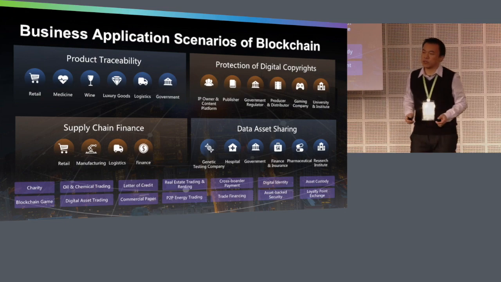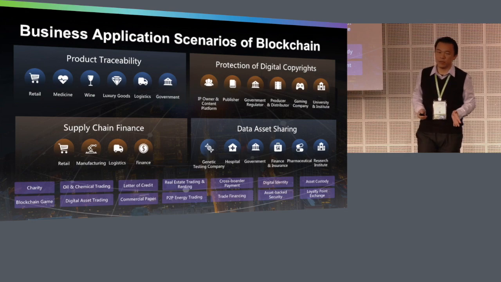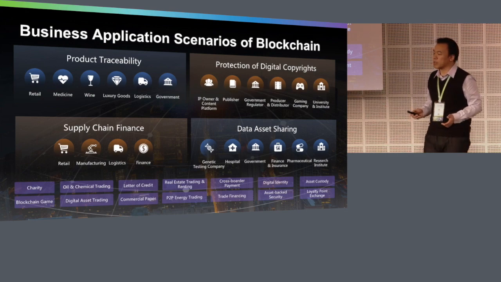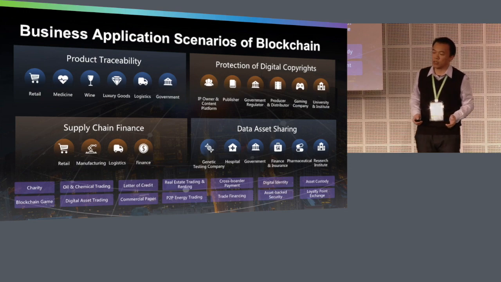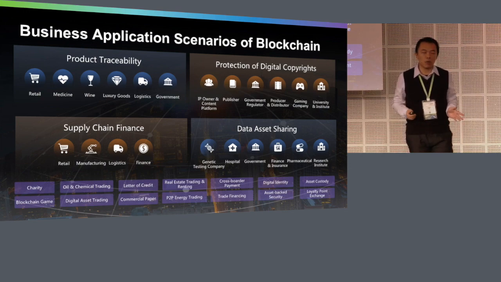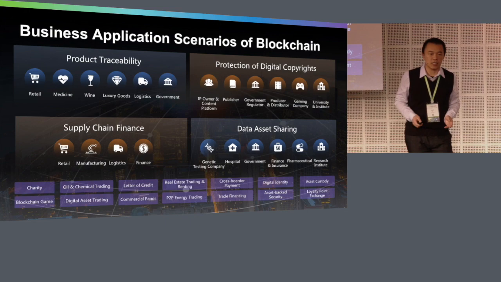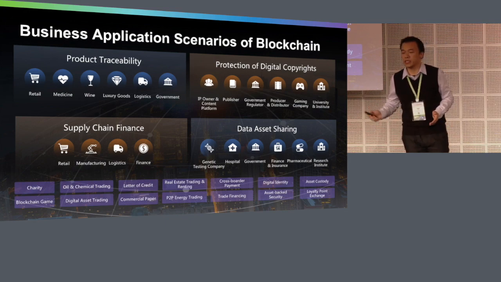The second example is that we are working with the AI team to build a trusted digital content platform for copyright protection and the trading of digital contents. The third example is that we are working with the IoT team to build a platform for trusted device access and trusted data for the industrial internet.